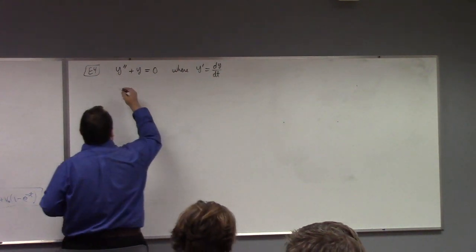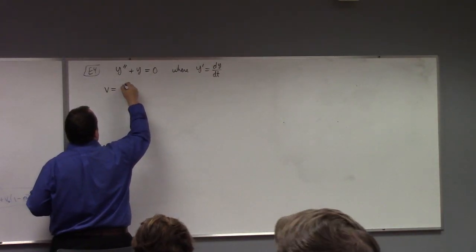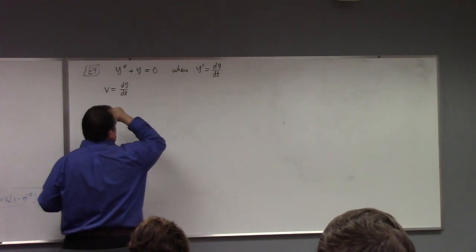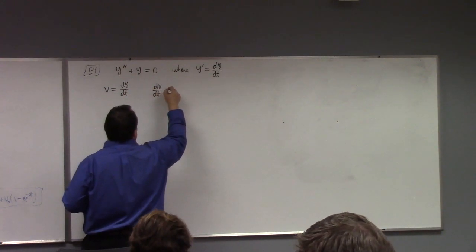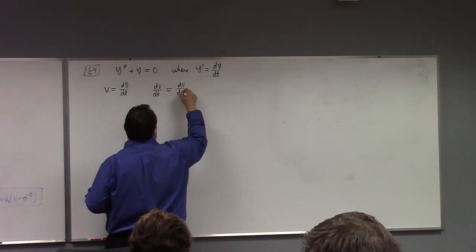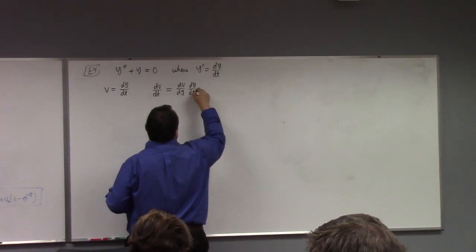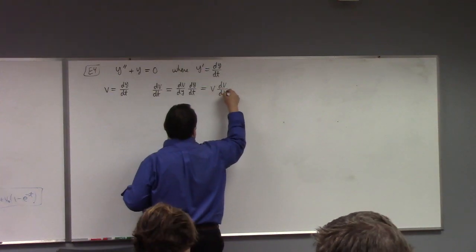So here's how that goes. We let v, of course v is dy dt, right? But dv dt, we could also write as dv dy times dy dt. In other words, v dv dy, which gives me great joy to say for some reason.